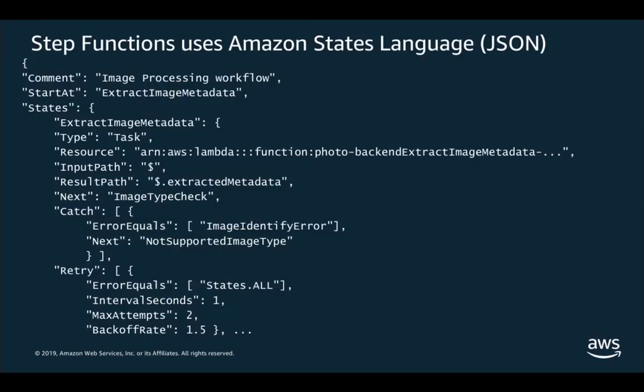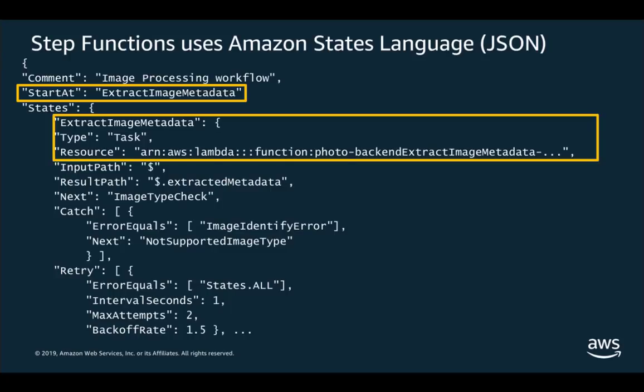So here's a basic example, still using the image example from the previous slide. So this is a JSON, right? And this is actually what we call the Amazon States Language. So it's the Step Functions definition language, if you will. So we start with extract image metadata, okay? And that's the first step in that workflow.